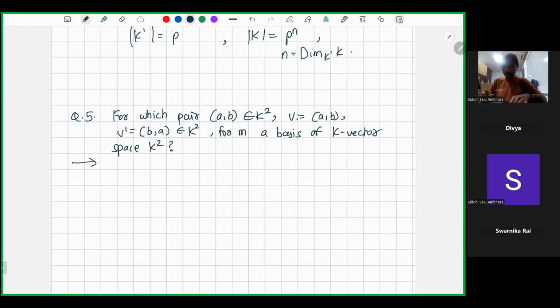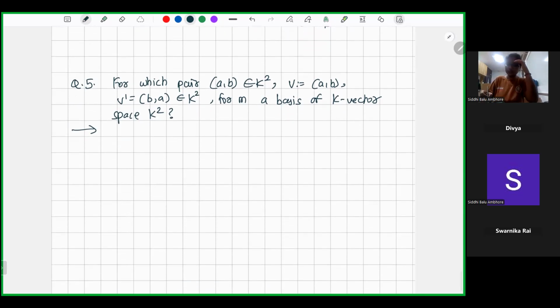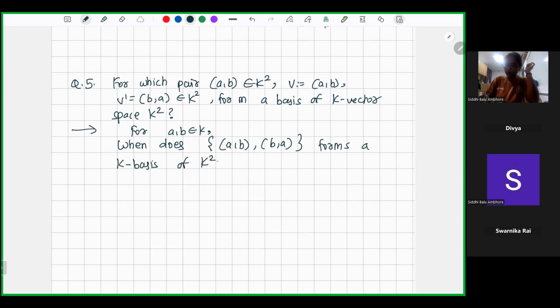Do you have any guesses for this? The question is, when do AB and BA, for A comma B in K, form a basis of K square or K2, whatever you want to call it?